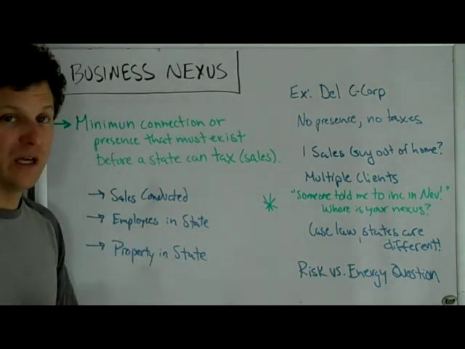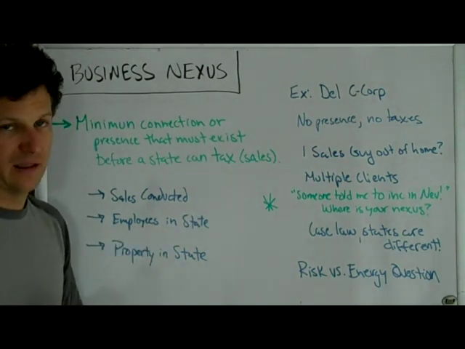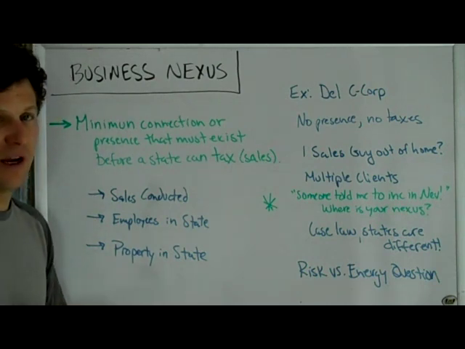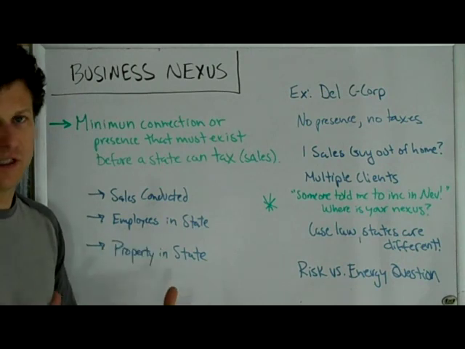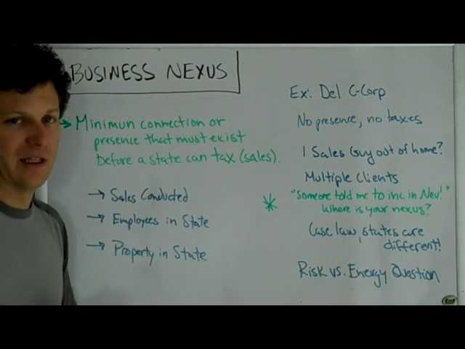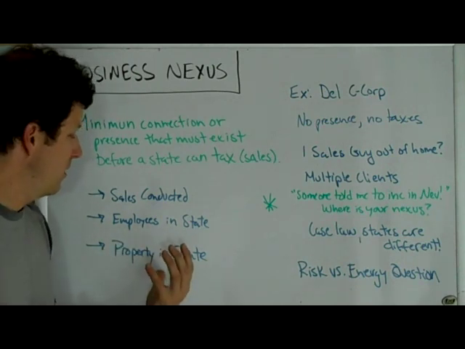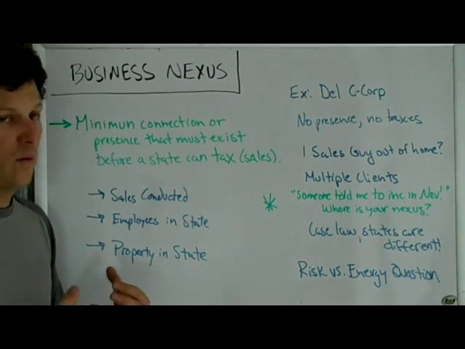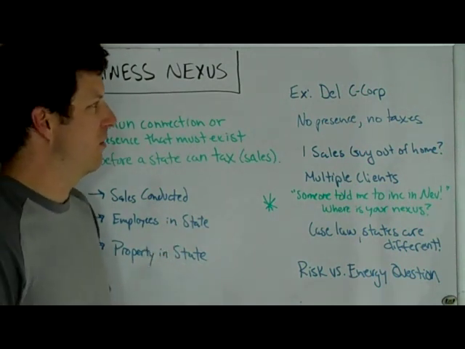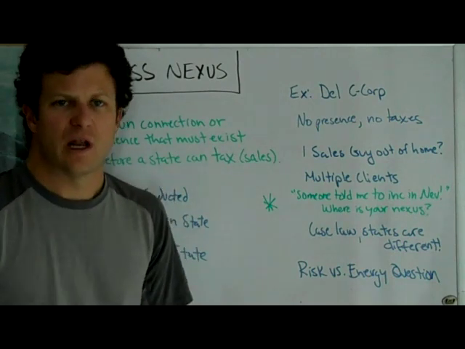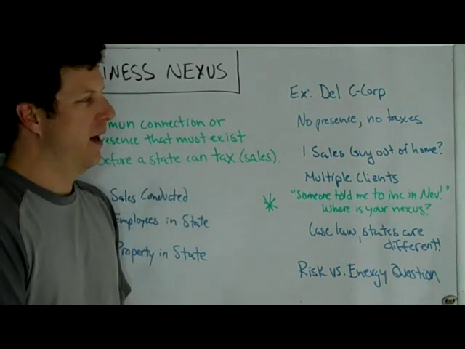Certainly if you have employees that live or work in that state, that's a pretty definable threshold. And if you have an office or a warehouse or a distribution center in that state, that's also a fairly defined threshold. Then what you have to do is establish a business nexus. What that usually means is getting some sort of license, and it's usually a small nominal fee.